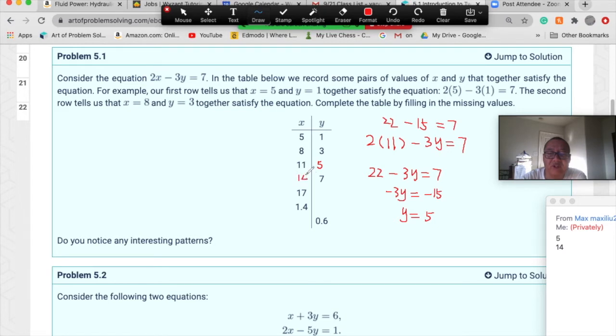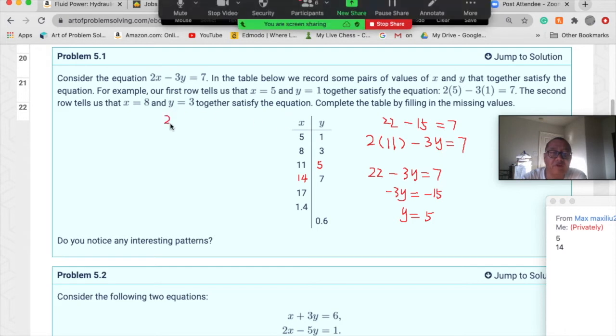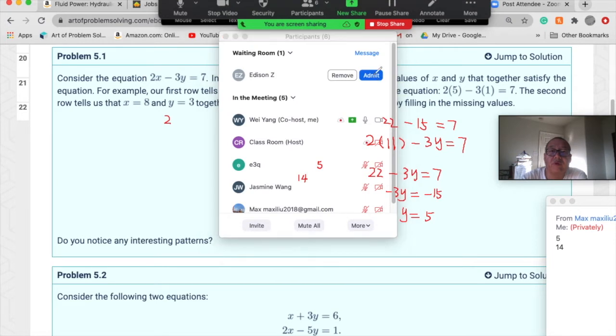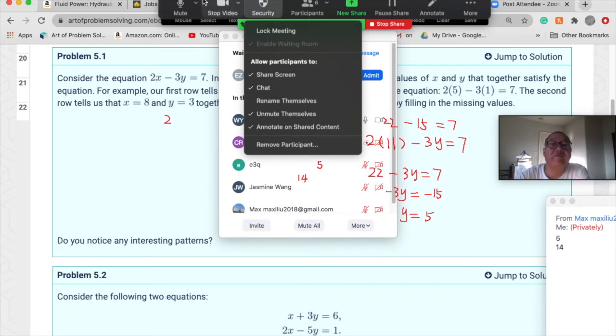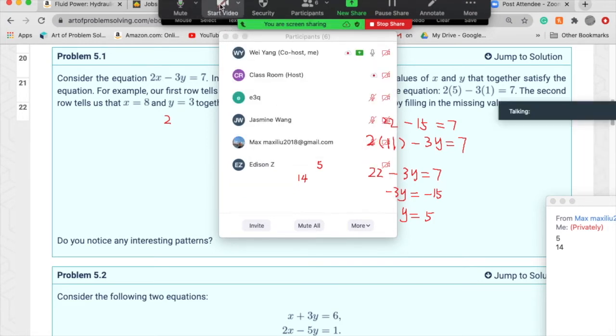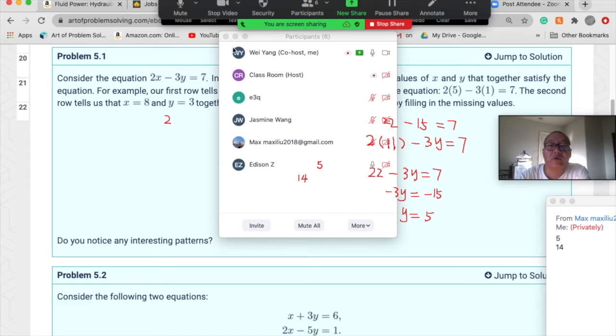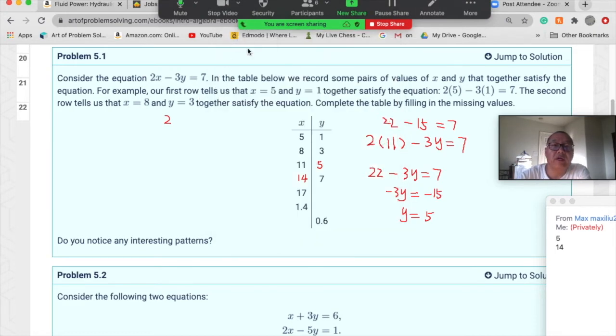So that's 14. You can check: 2 times 14, that's 28.